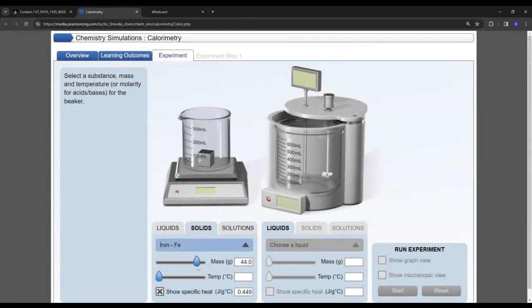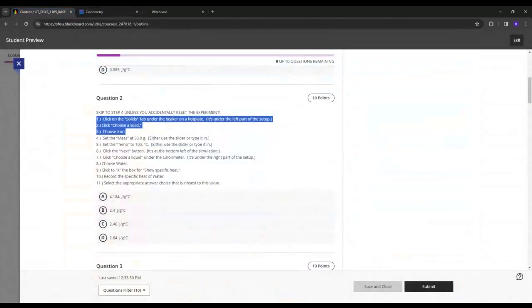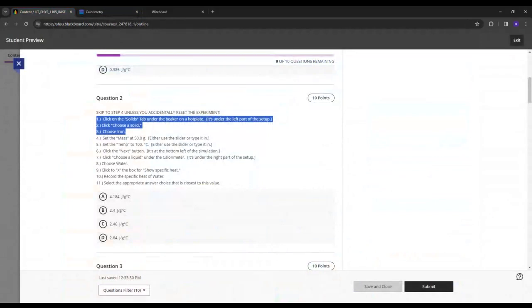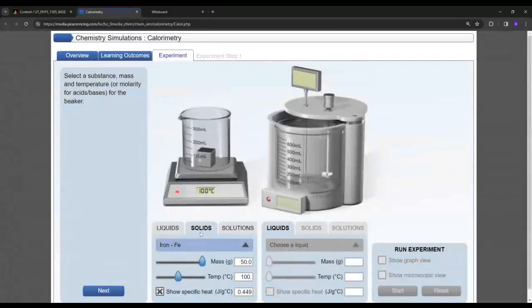You can see the size change there. Okay, so 50 grams. We want the temperature to be 100. That's right about the middle. And then we're going to hit next. So that means we're done messing with this. We've got a sample of pretty hot iron there.